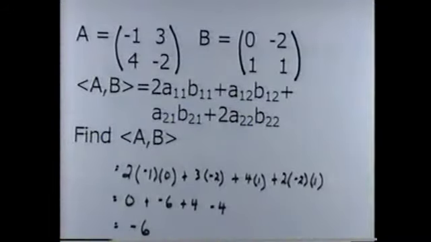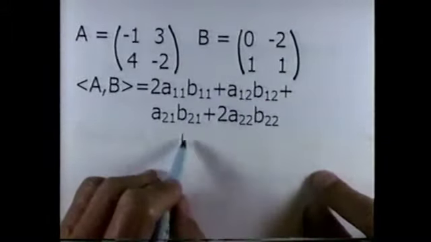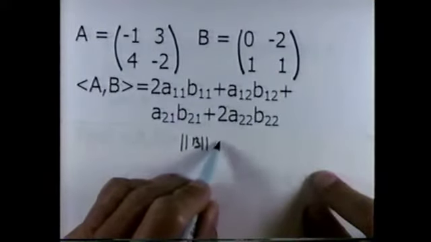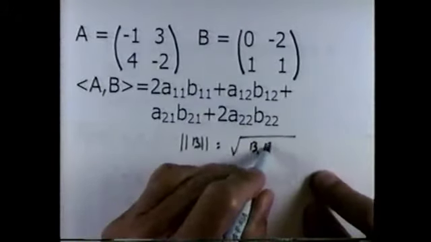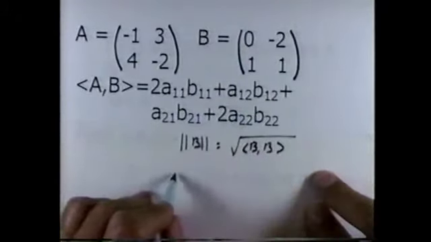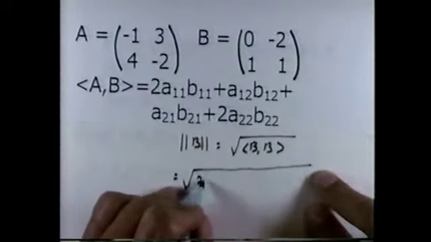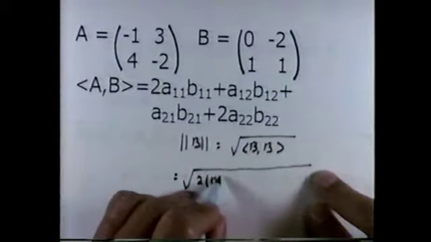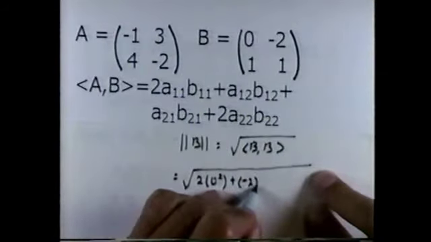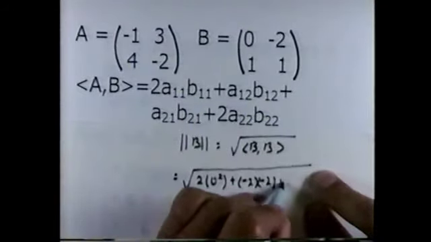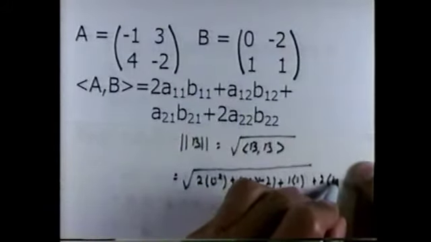The norm of B is going to be the square root of the inner product of B with itself, which is going to be the square root of 2 times 0 times 0, plus negative 2 times negative 2, plus 1 times 1, plus 2 times 1 times 1.